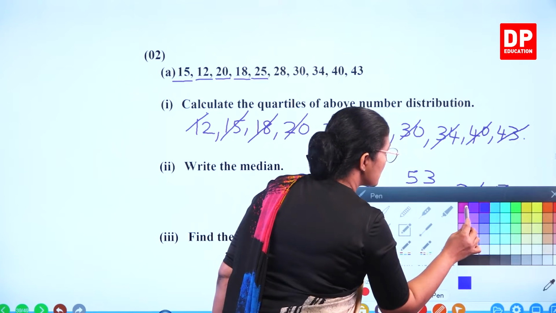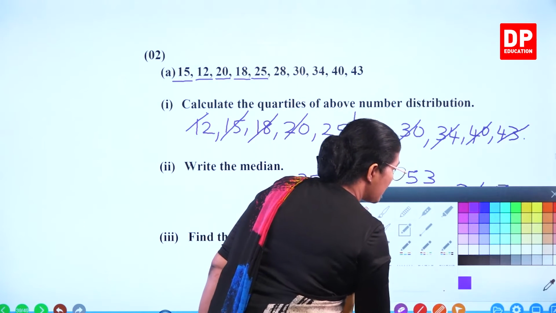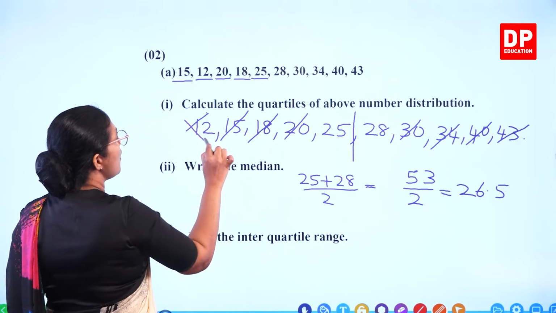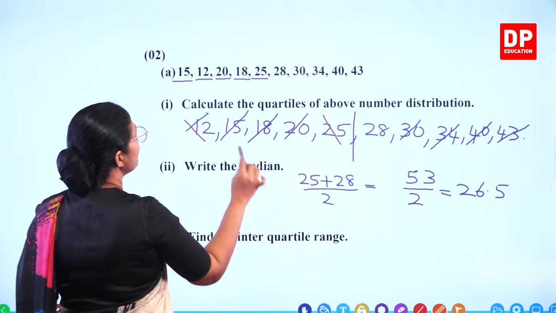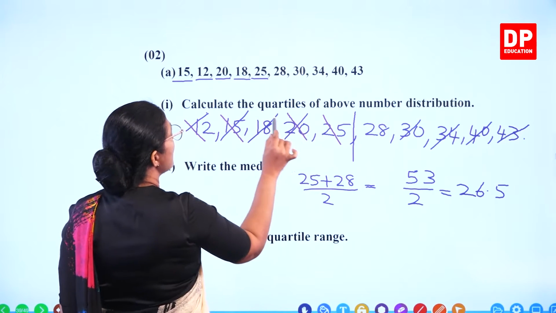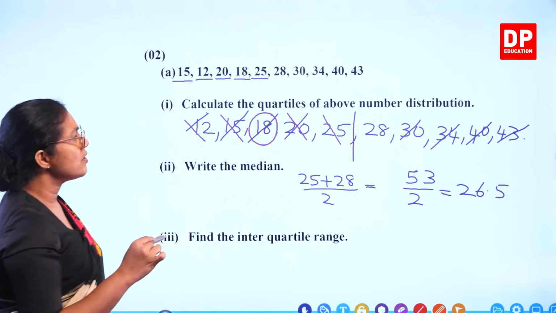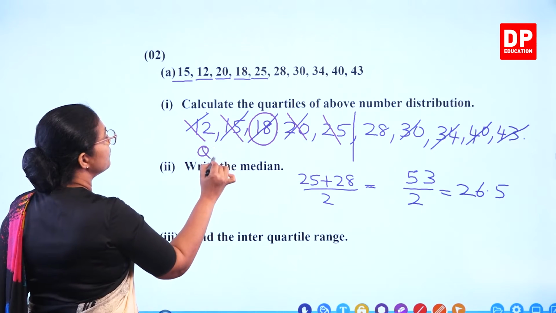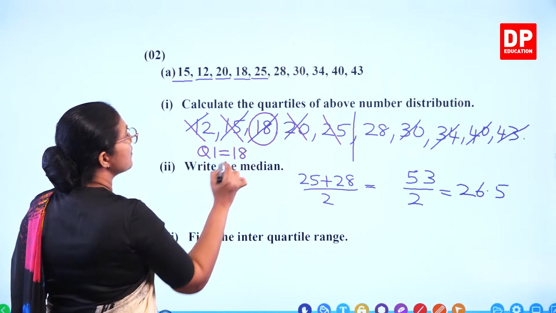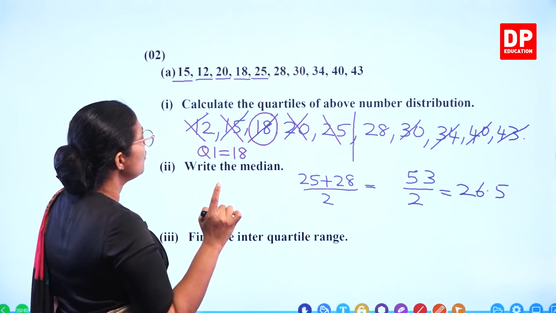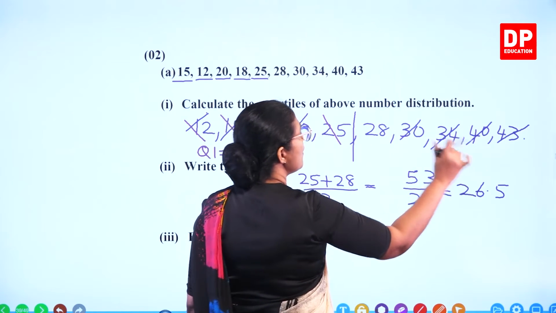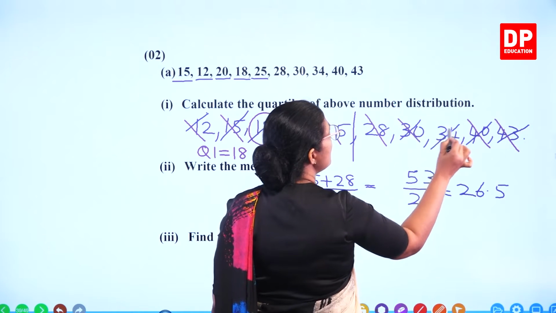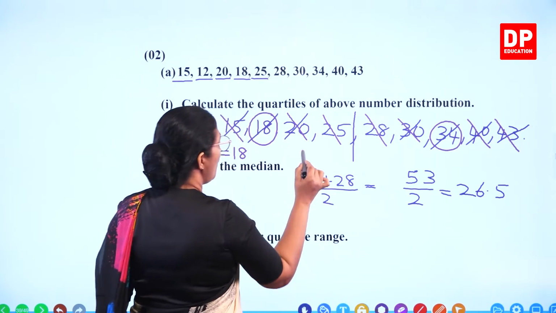I'll take a different color and cross out the left-hand side, this one with this one, this one with this one. This is the first quartile, Q1, equals 18. Then Q3: do the same thing for the right-hand side. Cross out these values and you get 34 as Q3.